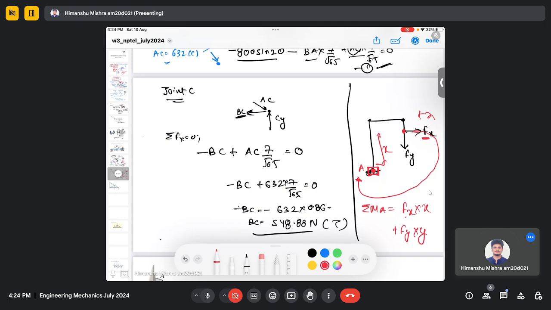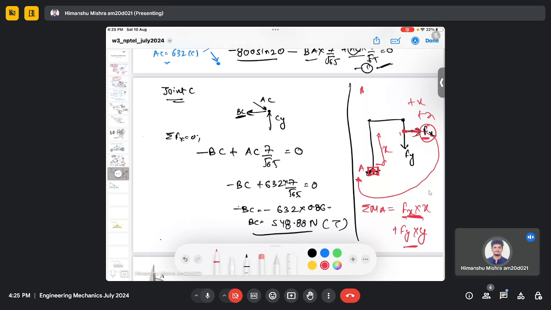So the direction we need to choose. For example, we need to define the direction so that we can use it in the mathematical equation. Here we cannot simply say Fx is in the positive x direction and its direction is also positive, so overall it's positive, because you are solving a scalar equation. You are not multiplying two vectors.